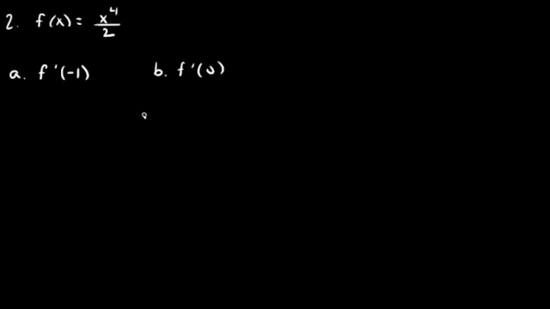Let's just get another example just to be sure. For this one, it wants us to find f prime of -1 and f prime of 0. So the first step we have to do before we even reach a and b is we want to find the derivative of f of x. For this one, first I'm going to rewrite f of x so that it's like a fraction, one half, multiplied by x to the power of 4.